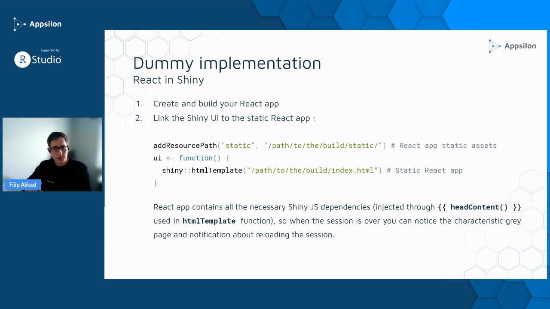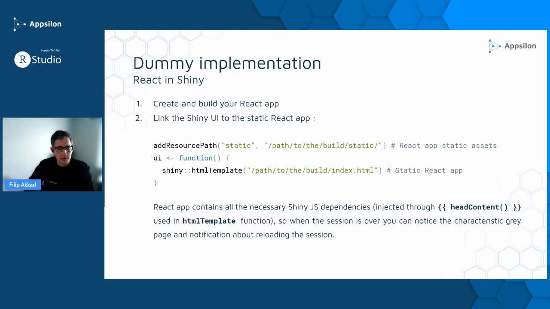The second point will be to link the Shiny UI to the static React app. You can achieve this with two functions coming from the Shiny package. The first one is addResourcePath, so you are linking the React static assets to the Shiny application, and the second is the Shiny htmlTemplate function.